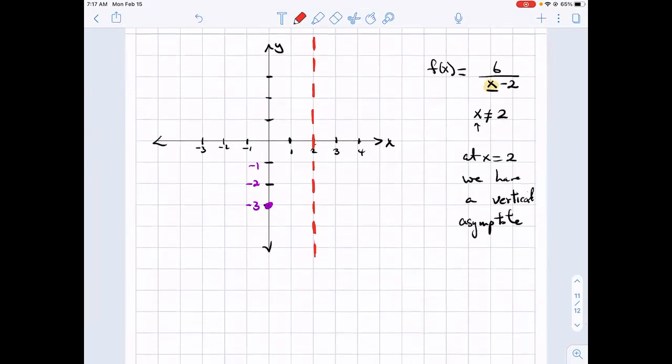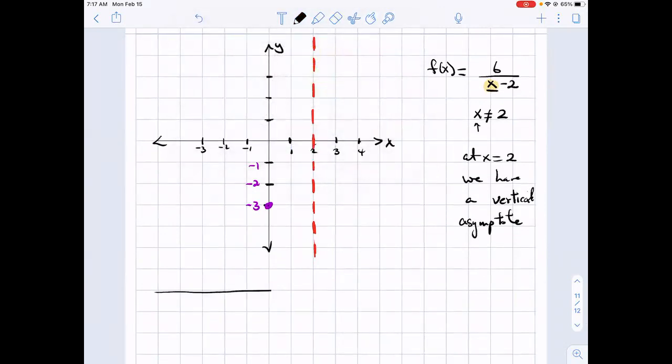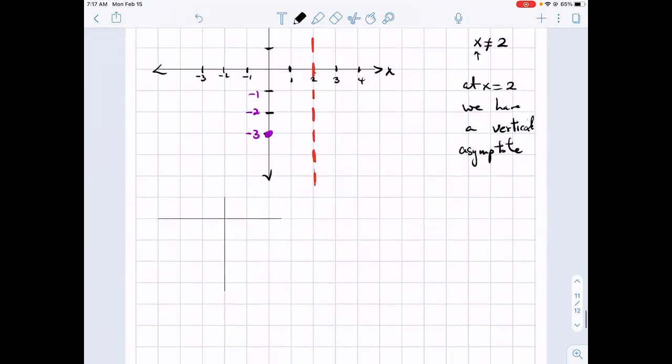Now, to get the graph, what you're going to have to do right now is just make a table of values, where we have x and f of x or y, and we plug in some values: minus 4, minus 1.